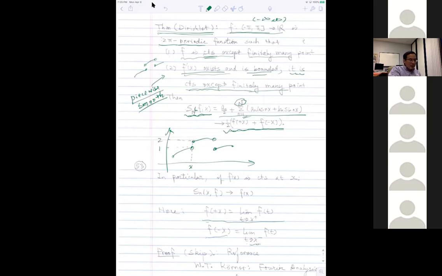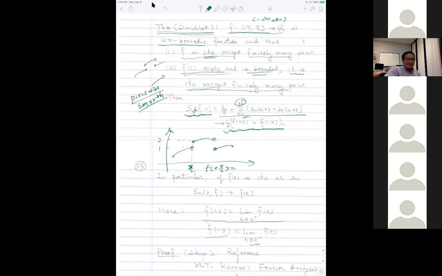Then, Sydney, what would be f? Let me call this point pi half. So what would be f plus pi half, Sydney, in this notation?